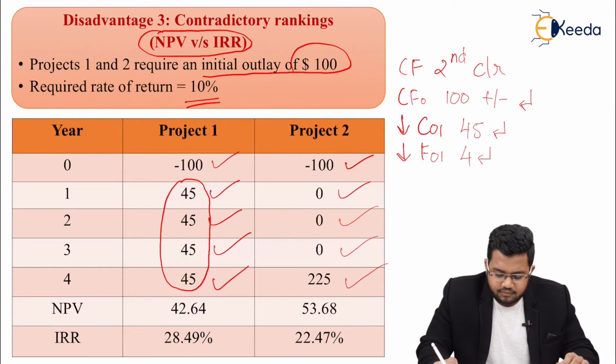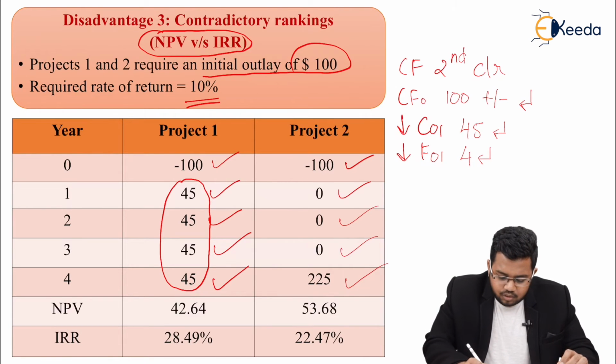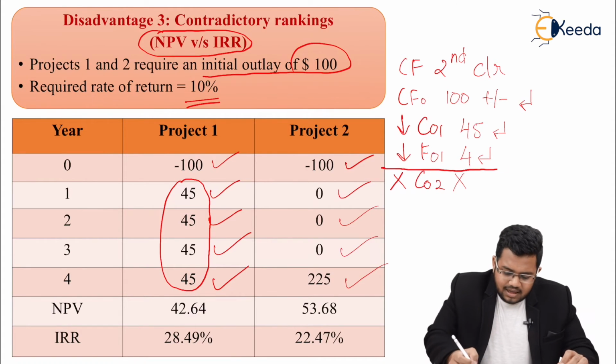See, you've entered first cash flow 45 as 45 plus 3 more times. Basically the frequency is already 4. So you've entered all the 4 45s, and that is why there will be no C02. So basically C02 is not present. So you need not even bother about C02.